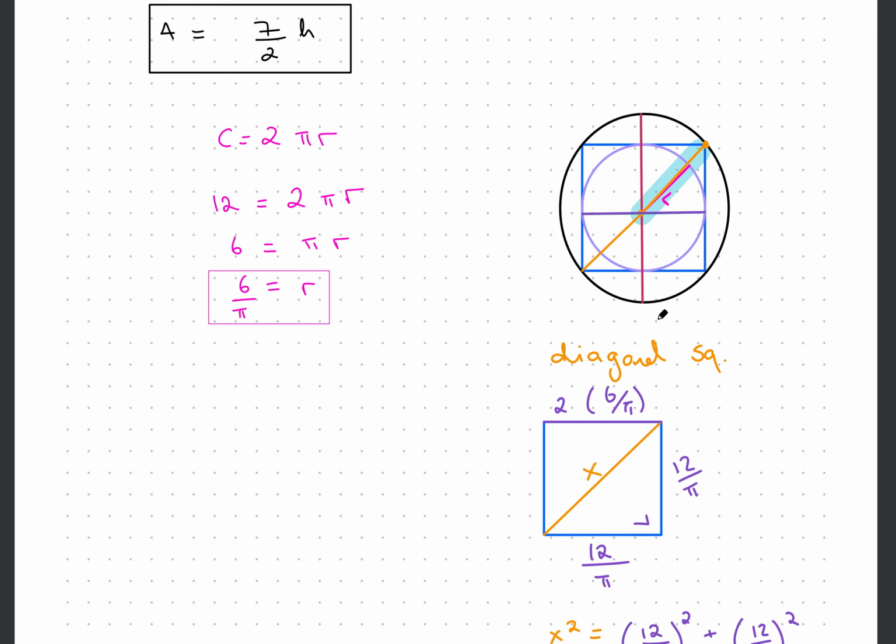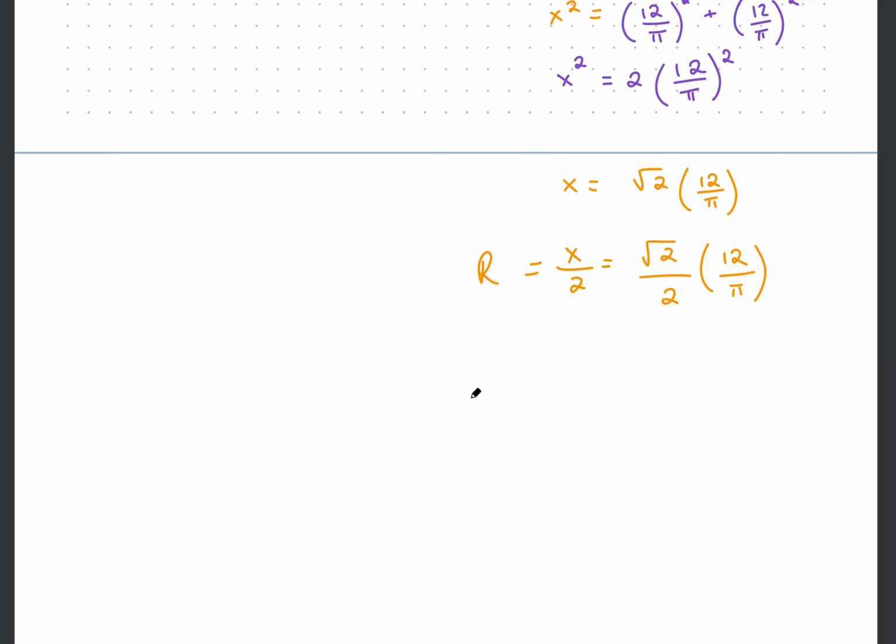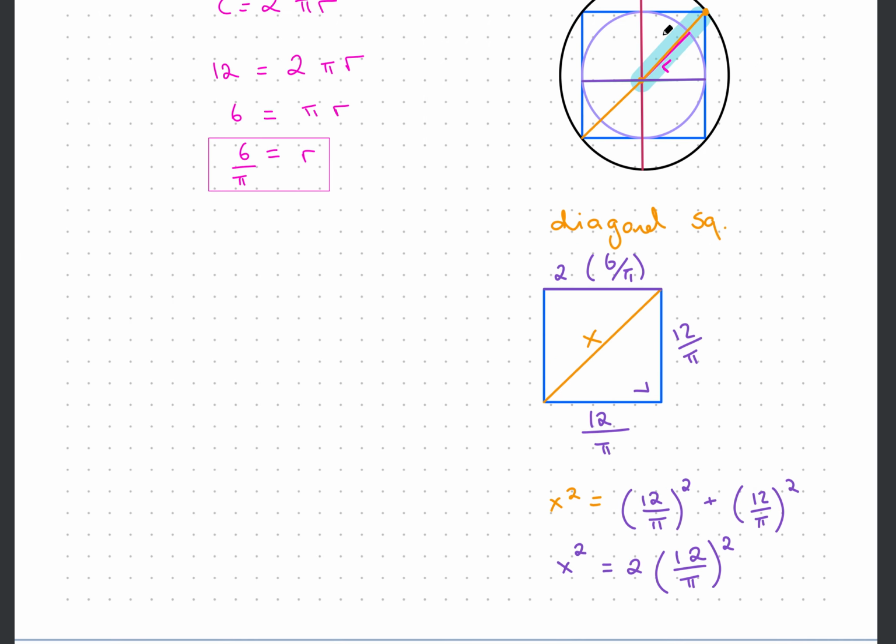So I wanted the diameter of the larger circle. That means multiply this again by 2. So I actually didn't need to do this at all. So the diameter is equal to 2 times the radius, which is going to give me root 2 times 12 over pi. That is our diameter. That's that red line there.